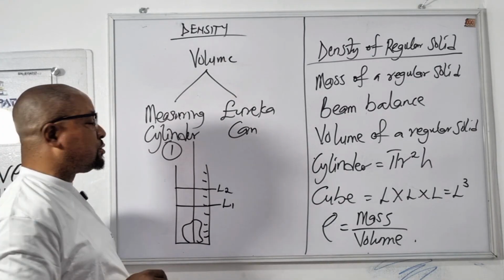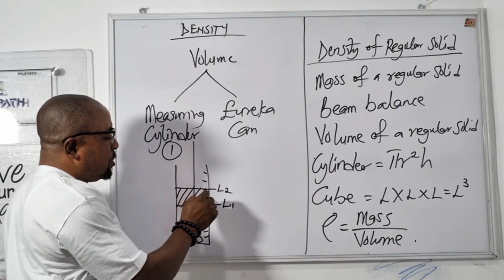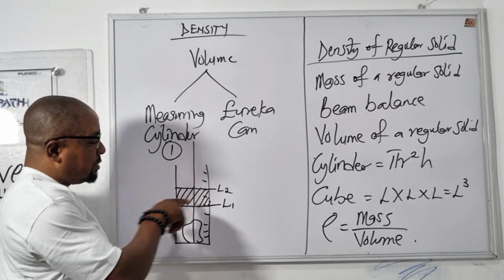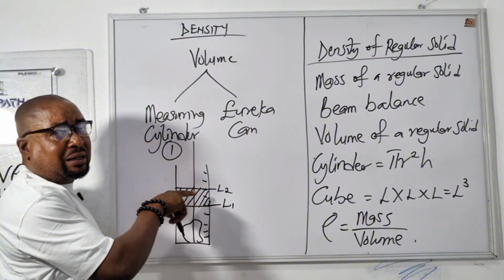The volume of the irregular solid will be equal to the volume of water displaced when the irregular solid was dipped into the cylinder. The shaded portion there is the water displaced.